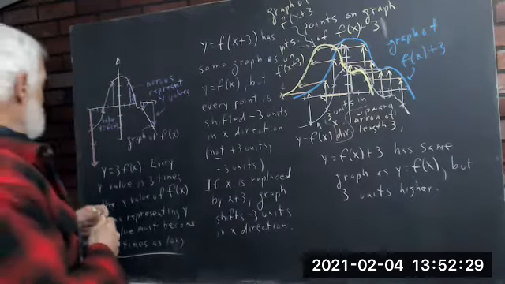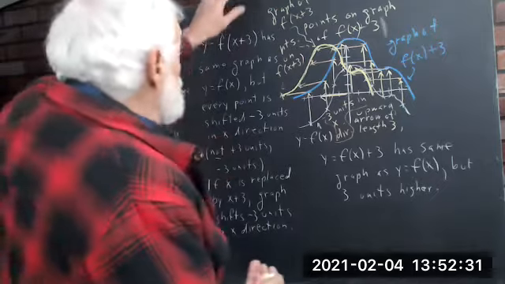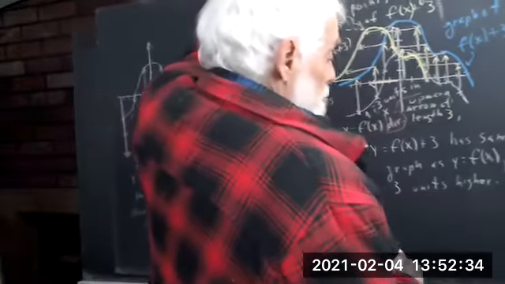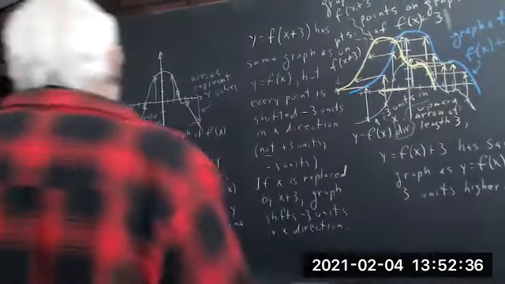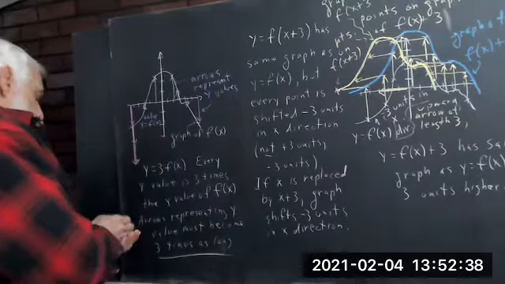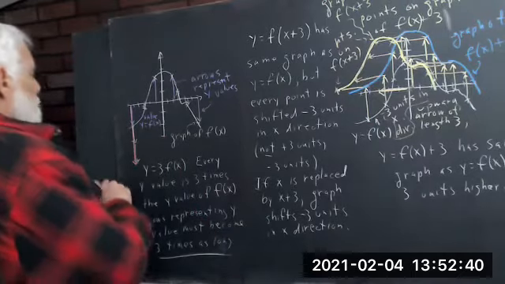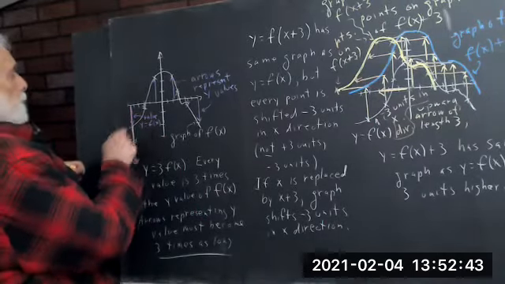And I'm sorry to have to write that as small as I do. Let me move the board over. Okay, so this purple arrow represents a value Y equals f of x.